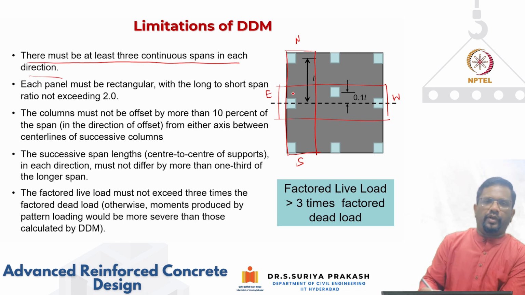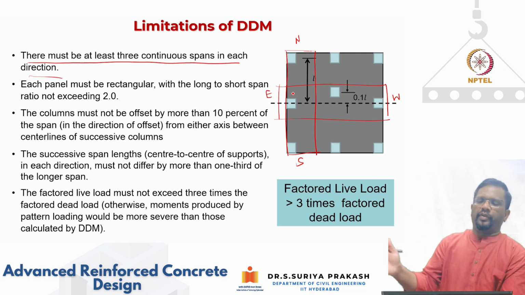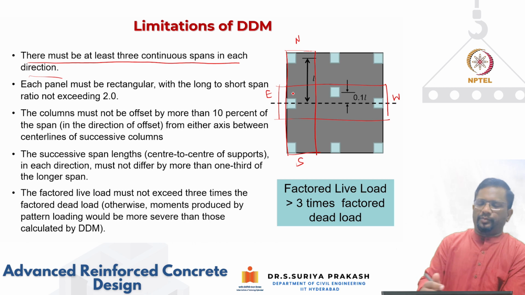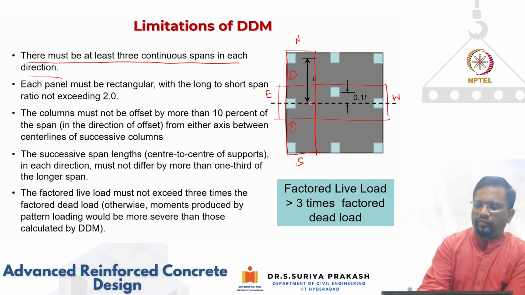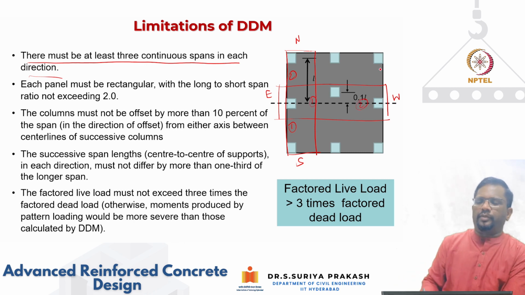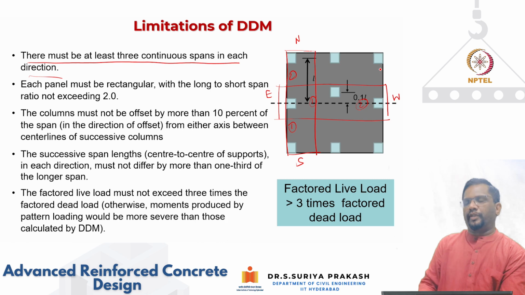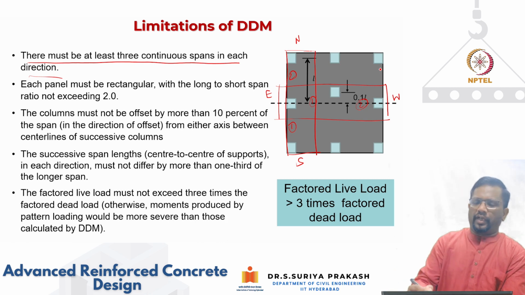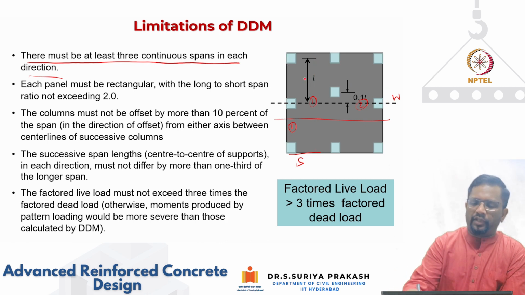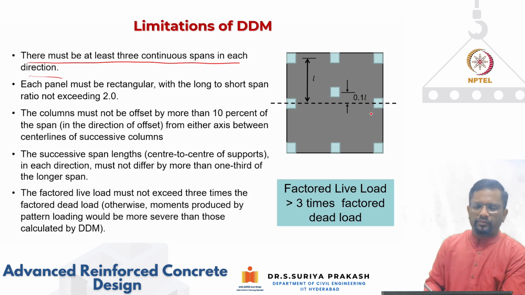If I divide the panel as frames, it should have at least three continuous spans. In this case, you have one and two. Similarly, for the east-west direction, you have one and two. So actually, if this is the slab panel we are designing, we cannot really use direct design method. You need to have at least three such spans. Then only the coefficients, whatever that is suggested, are actually valid.